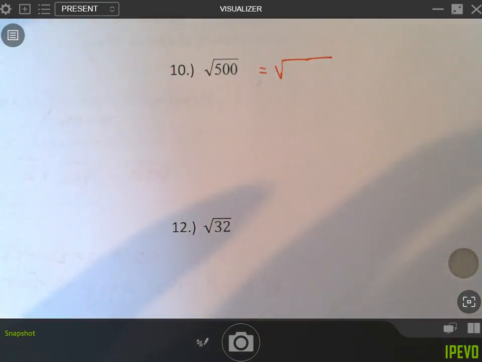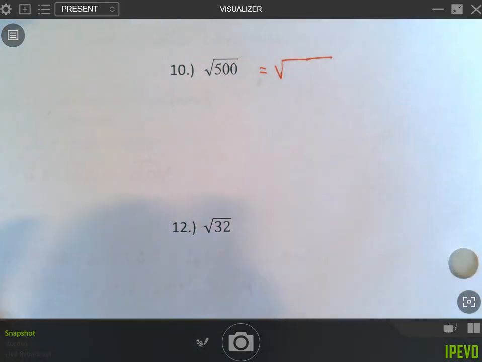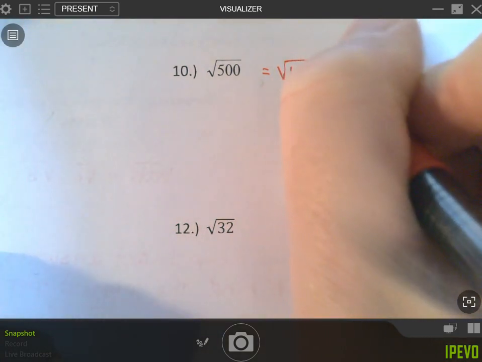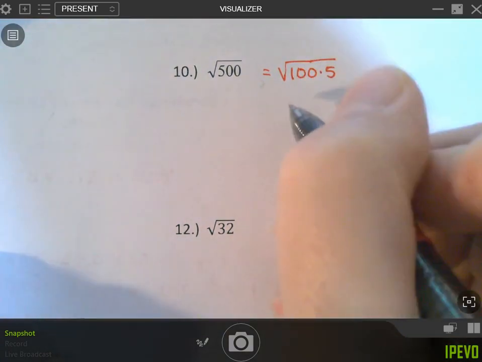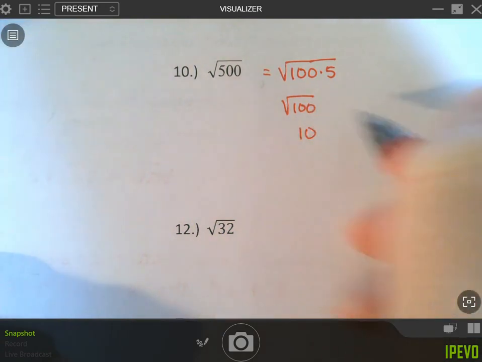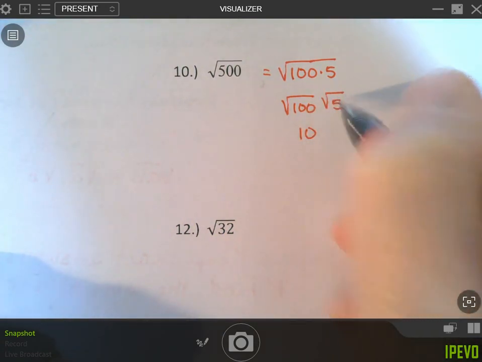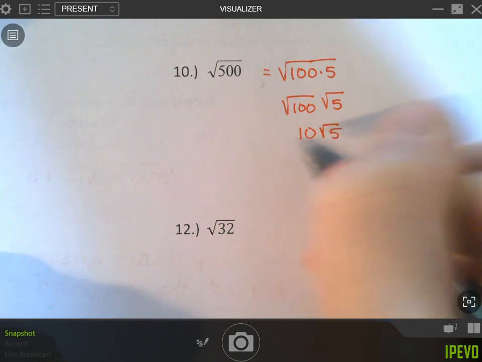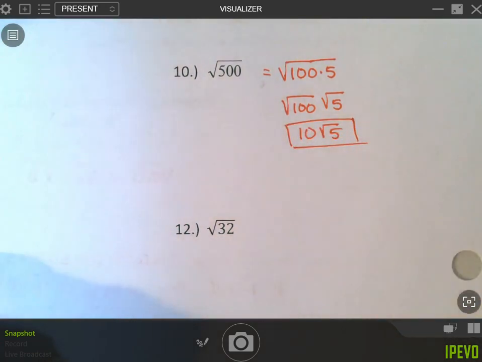Now, does 25 go into 500? Yes. But 100 is a bigger perfect square, isn't it? Yeah. Okay. So 100 times what? So I'm focusing on the square root of 100 because that is 10, and that extra square root of 5 is coming down for the answer.